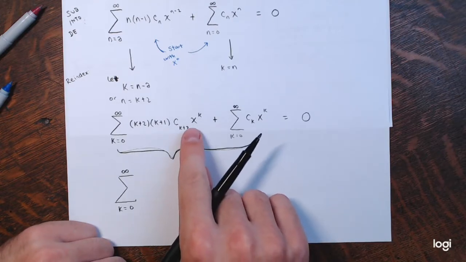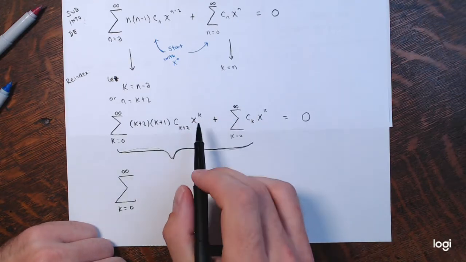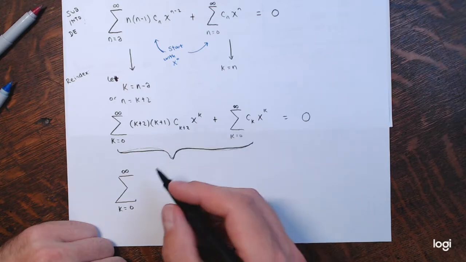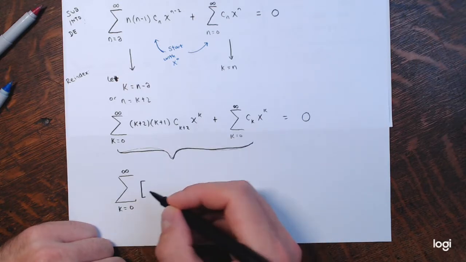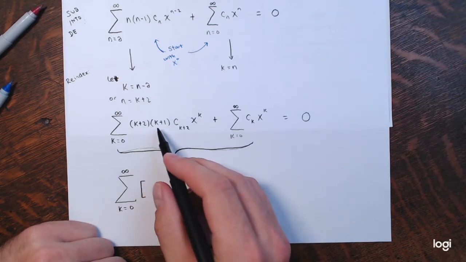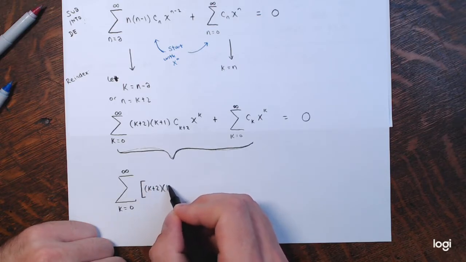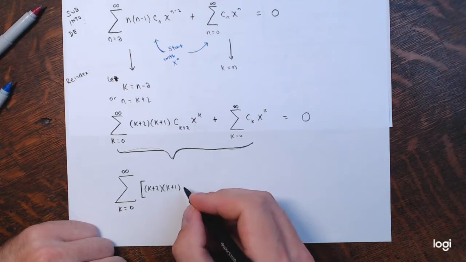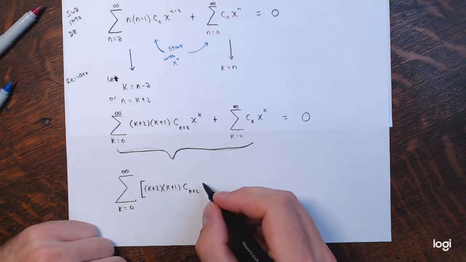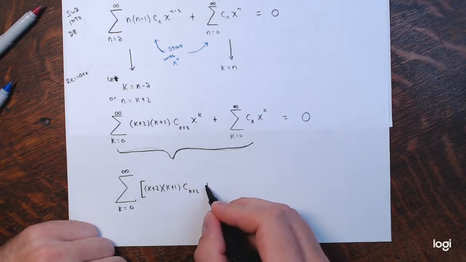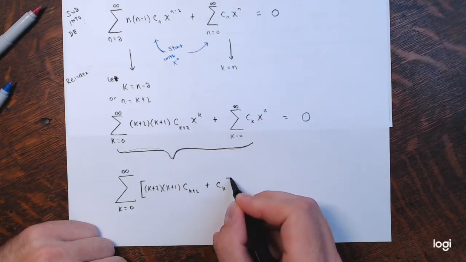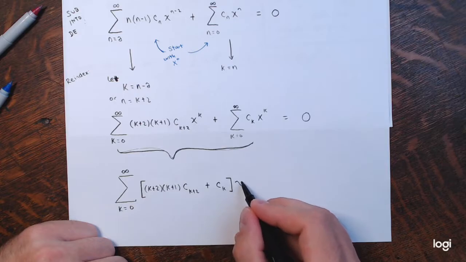I noticed that both of these terms, I got to both have x to the k on purpose, so I can pull that out. And what's left over is k plus 2 times k plus 1 times c sub k plus 2, and then plus c sub k, all that times x to the k.